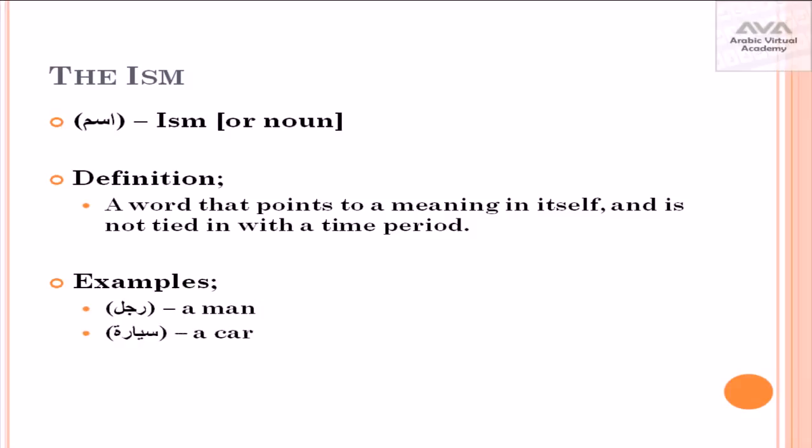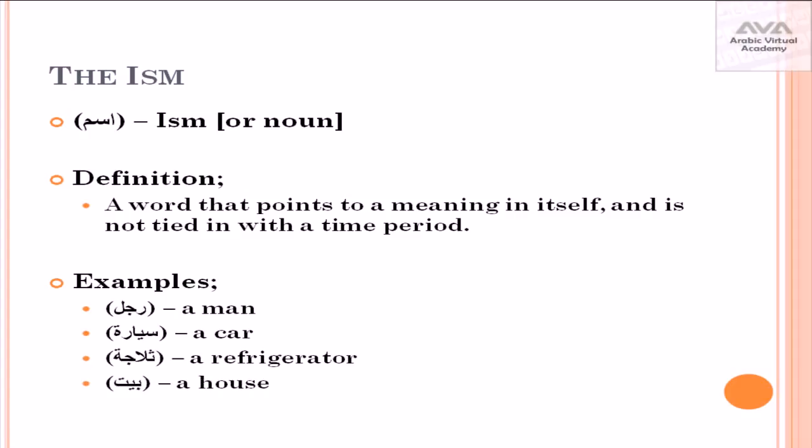Just like the word sayara. You see it on the screen here. Sayara, it means a car. It again is something that you can picture in your mind. And it is not tied in with any particular time period. We have the word thalaja, or refrigerator.